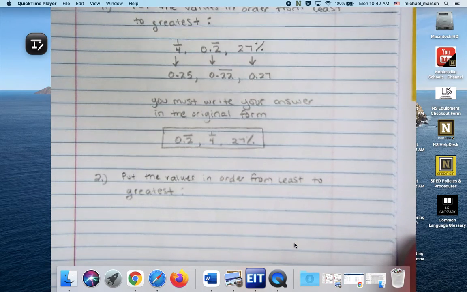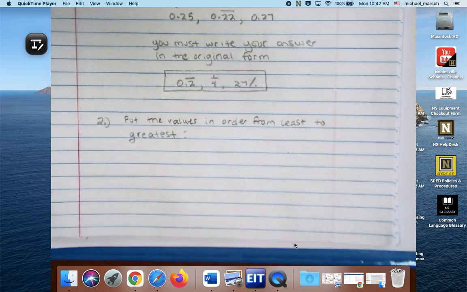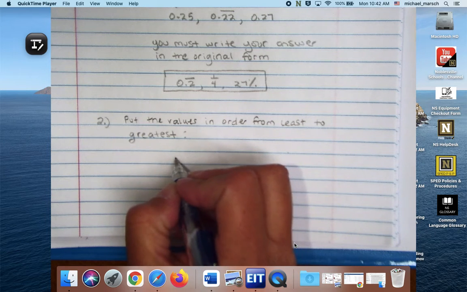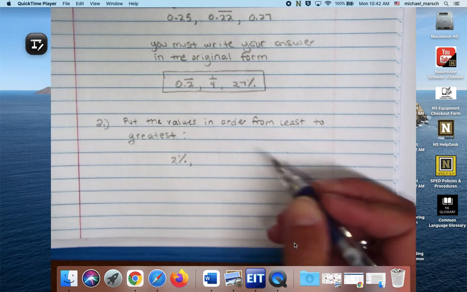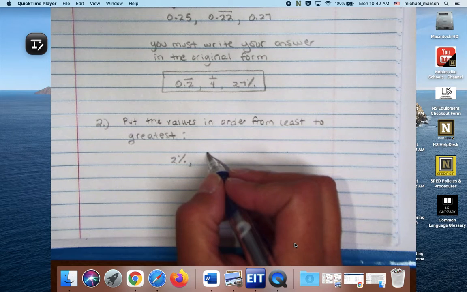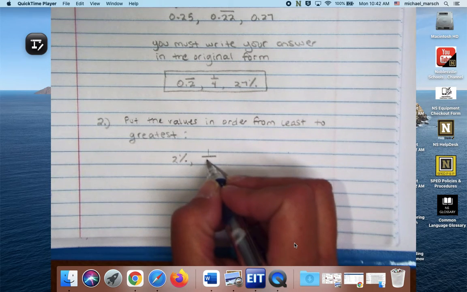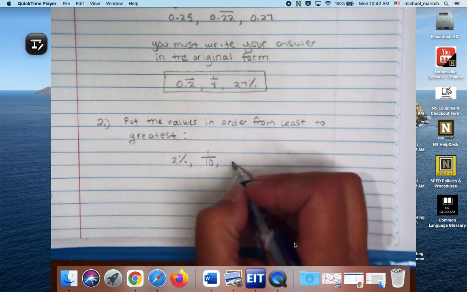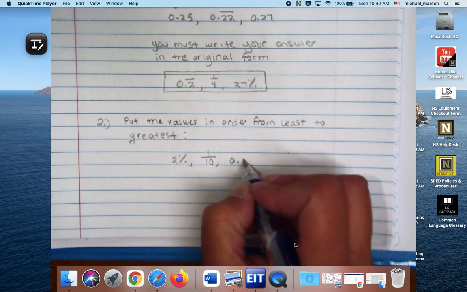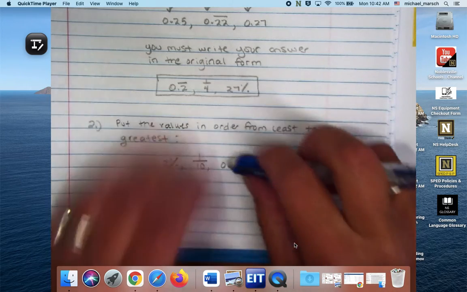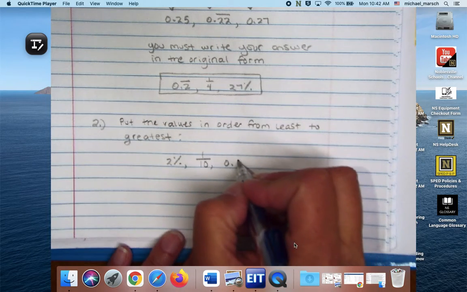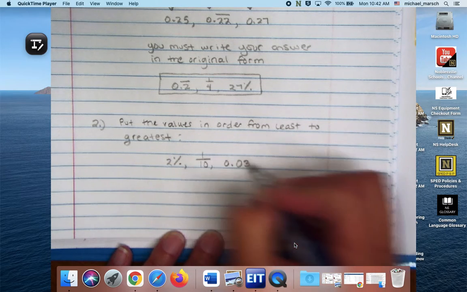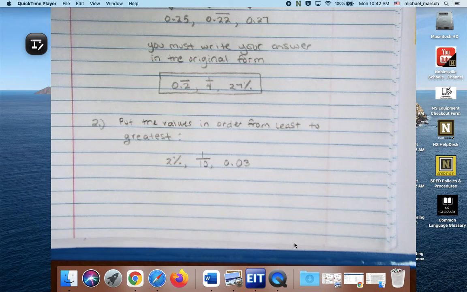Put the values in order from least to greatest. We've got a fraction, we've got a decimal, we've got a percent.